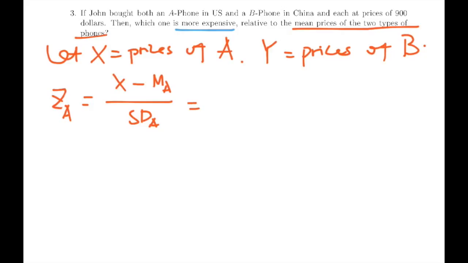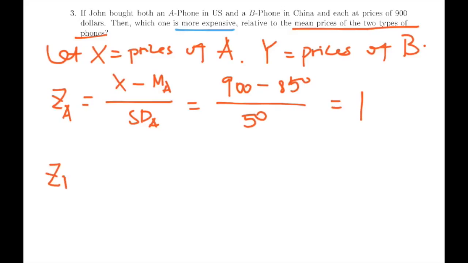Because John bought a phone at the price of $900, that means x here is equal to 900, minus the mean of the A phone, that is 850, over the standard deviation of the A phone, that is 50. If we do the calculation, it is equal to 1.